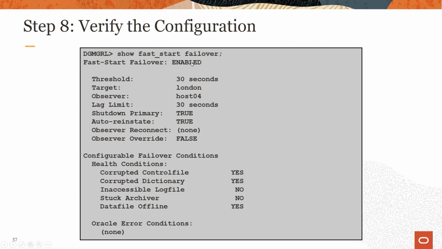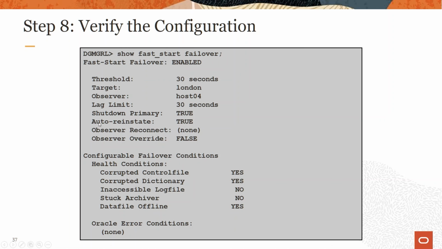Finally, we're going to review the fast start failover status. Fast start failover is enabled, and we have a time-based and threshold-based condition, and the target is the London database, and the observer is running out of host 04. If your data protection mode is maximum performance, this lag limit will be applicable.